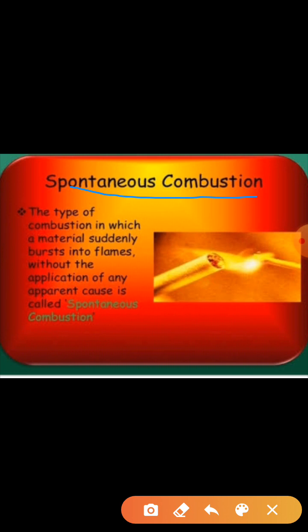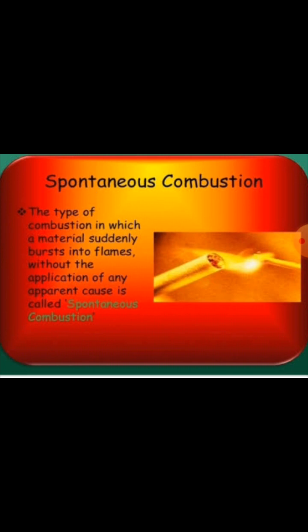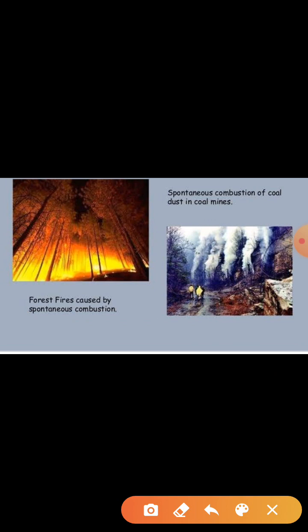When a forest fire occurs, there is no human being in the forest who lit it with fire. It is just because of natural causes, like extreme temperature. Due to the extreme temperature, the forest catches fire. So there is no application of heat there. These are examples of spontaneous combustion.